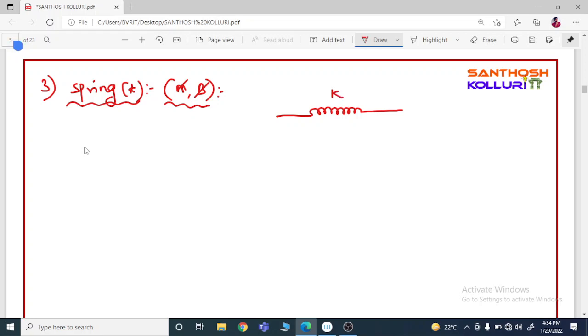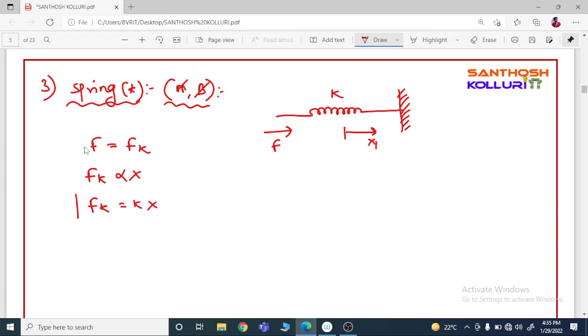This is a spring constant K, represented like this. When a force F is applied on the spring, it undergoes a displacement x1. As per Newton's law, the applied force is equal to the opposing force by the spring, and F of K is directly proportional to its displacement. So, to avoid the proportionality, I am writing F of K is equal to K into x, equation number 4.